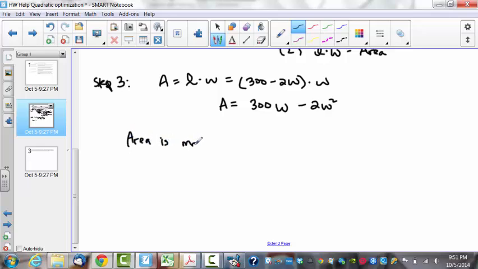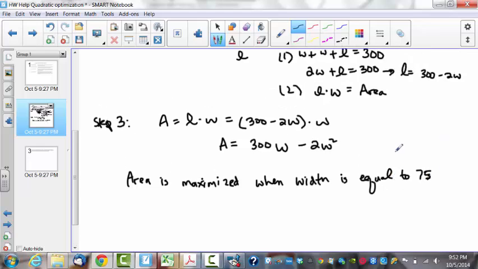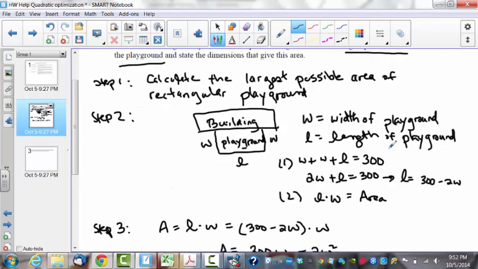So let's go back to our problem here, and we can write down that the area is maximized when width is equal to 75. I forgot to see what the units were here. Are we talking about feet?